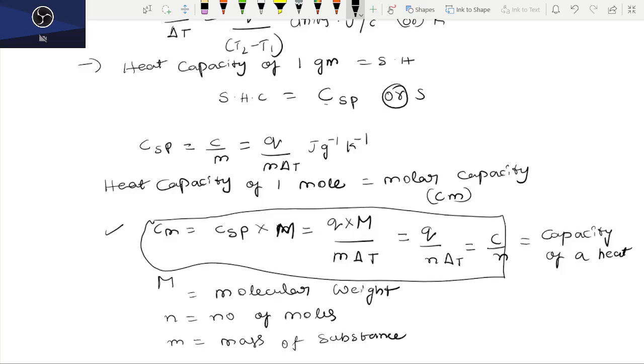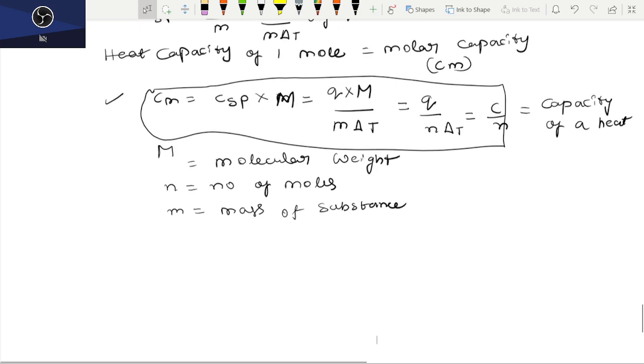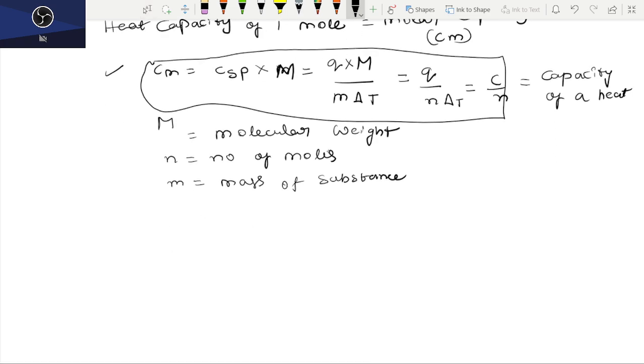At last, when Csp, the specific heat capacity, is large, what will happen? In a given specific amount, whatever heat is supplied results in only a small temperature rise.